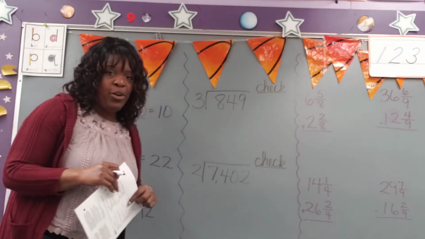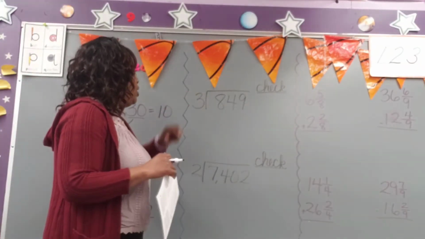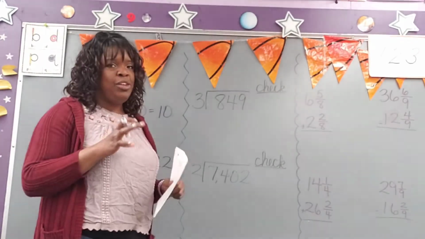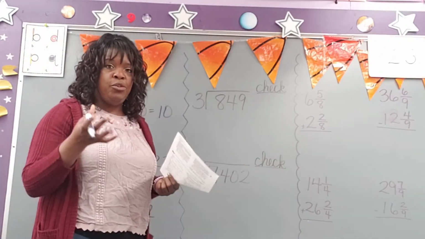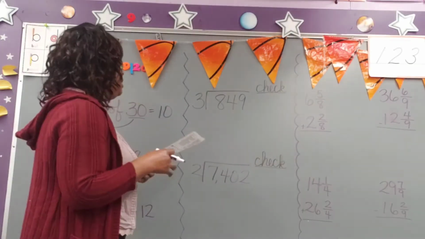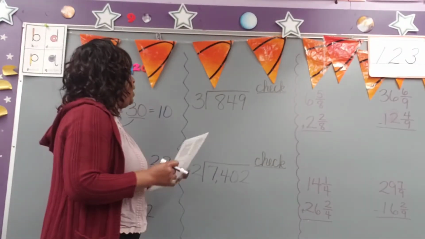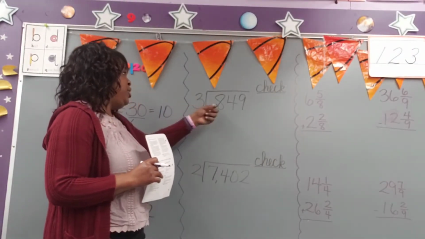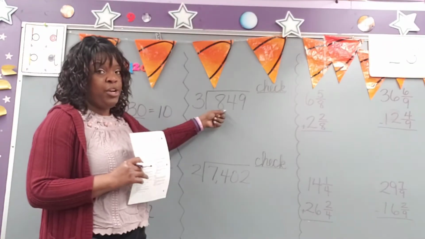Now moving on over here to our division. I just want to review that with you. I'm hoping this will help parents too as we talk through it, so you'll be able to see it up close. So remember, first of all, we have to check that first number in our dividend.